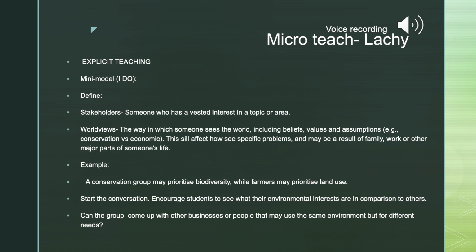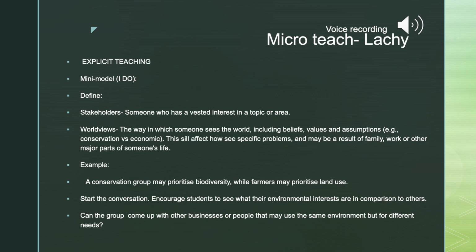The first one I wanted to talk about are stakeholders. Stakeholders, you may think, for me, they pop up ideas of business and people being interested. But the definition I want you to know is that a stakeholder is someone who has a vested interest in a topic or area.